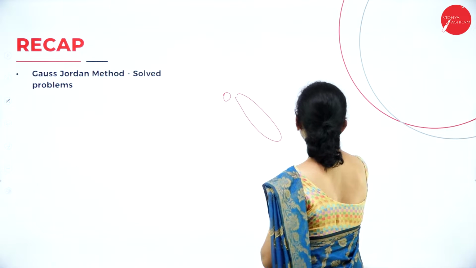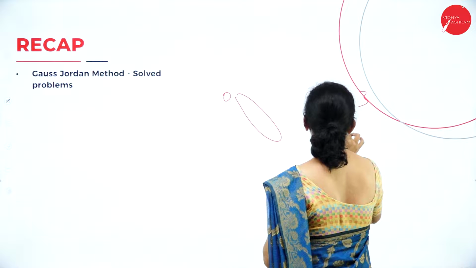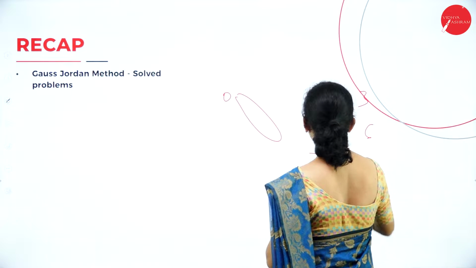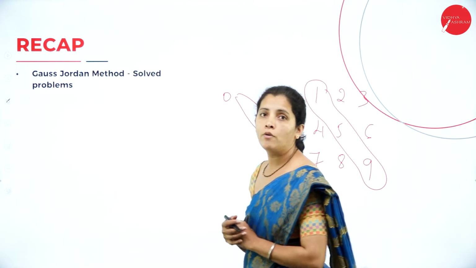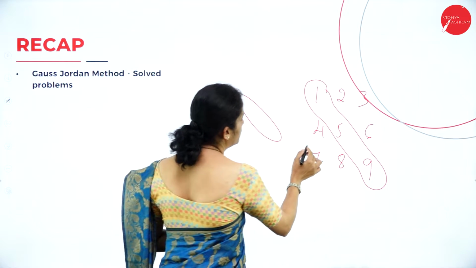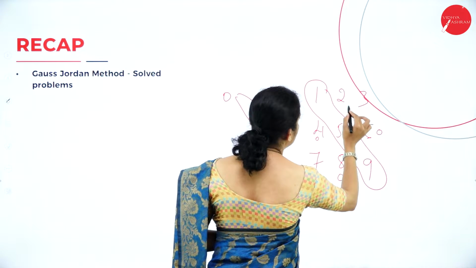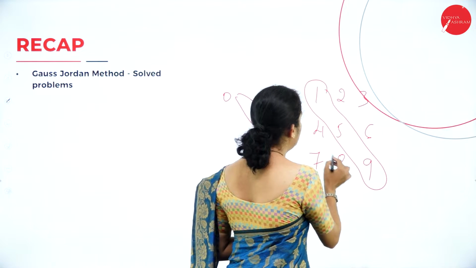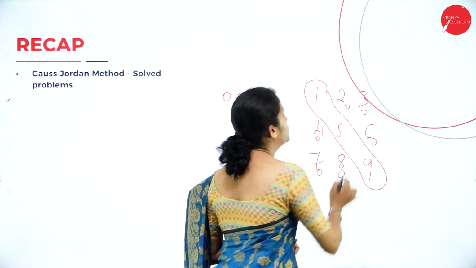For example, say I have 1, 2, 3, 4, 5, 6, 7, 8, and 9. Except these diagonal elements, I want to make the rest of the elements 0. So this is 0, this one 0, this one 0, this one 0, and this one 0.